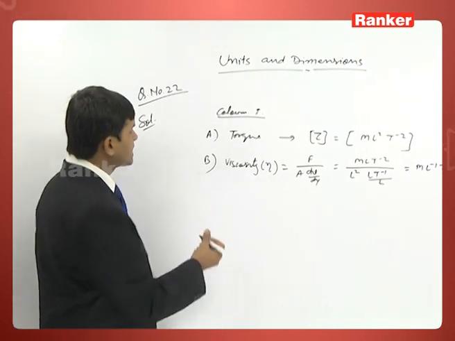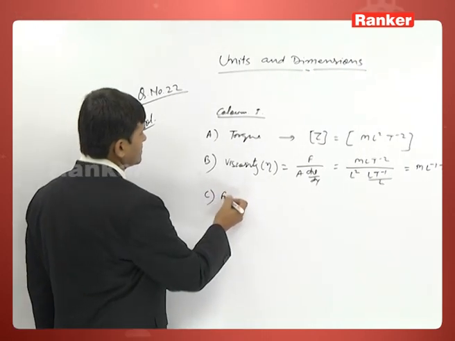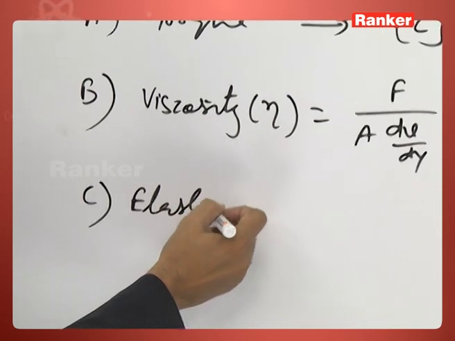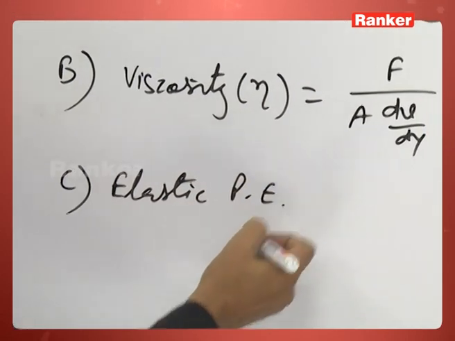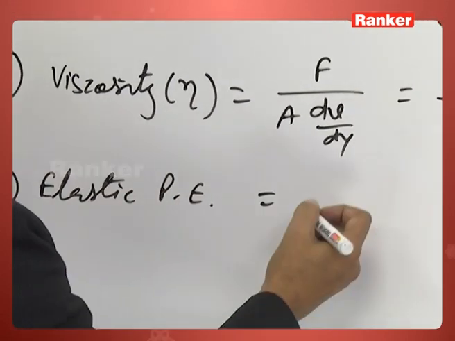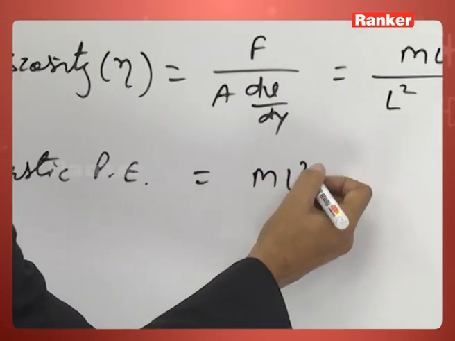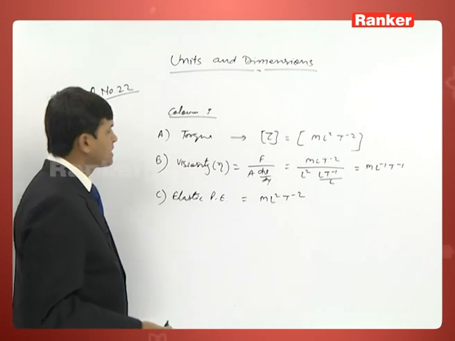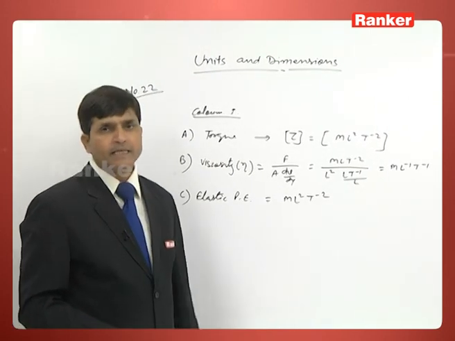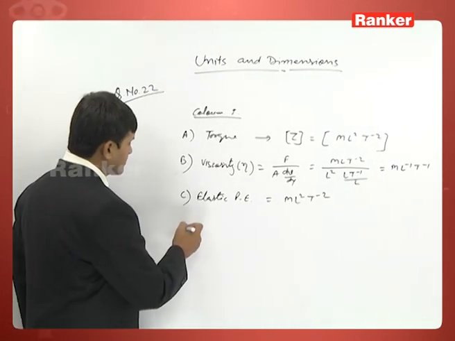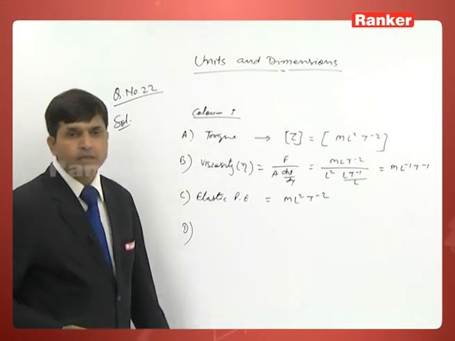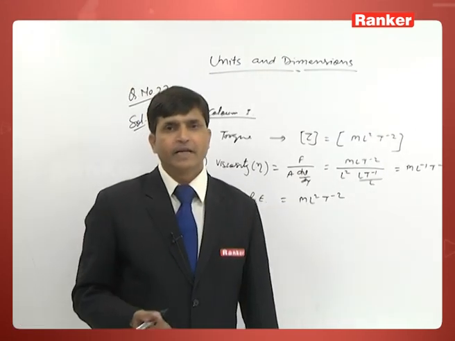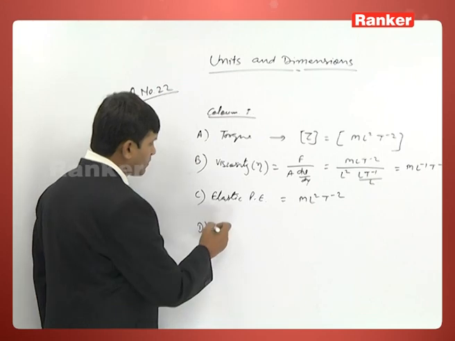Next is the elastic potential energy. The dimension here is M L square T minus 2. This is the relation for potential energy. Now next is the D option, the bulk modulus of elasticity.